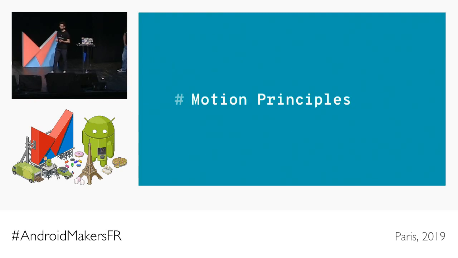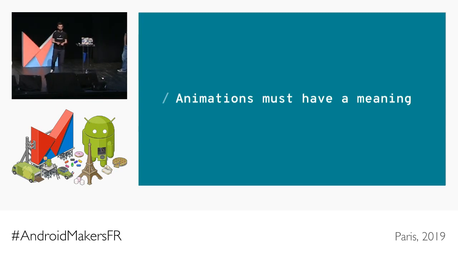But there are also a couple of guidelines that we should consider when using it. One is, of course, animation must have a meaning. This is, I think, the most important one. We should always ask ourselves, why are we bringing this animation in? Are we doing it for the user? We should always keep the user in mind, as with every other UI element that we are using.